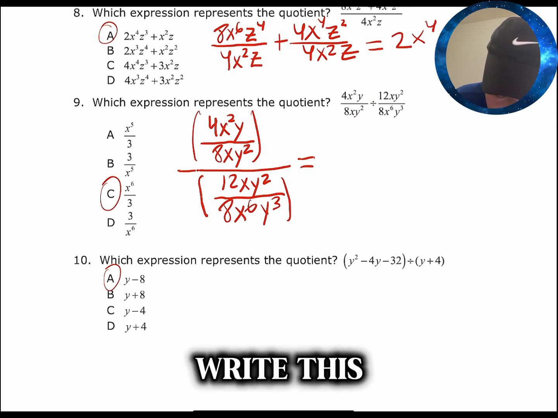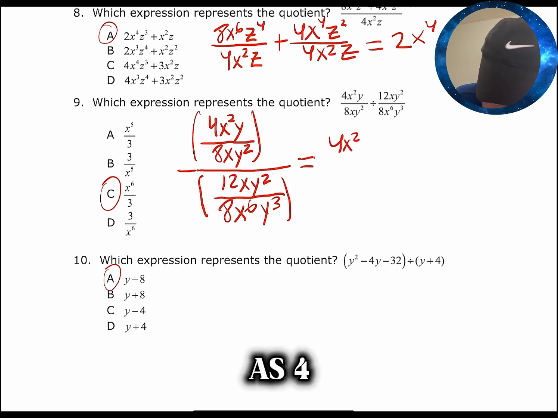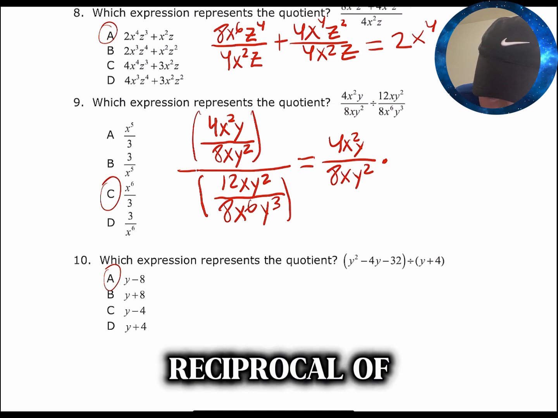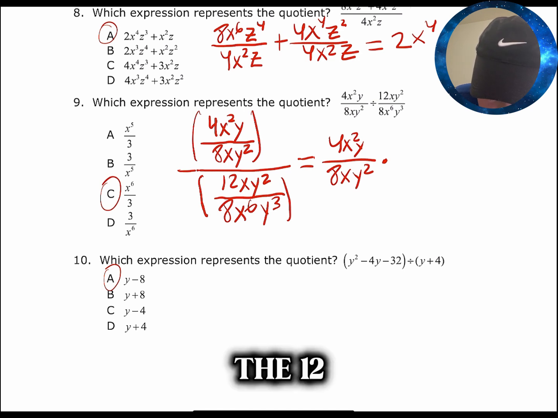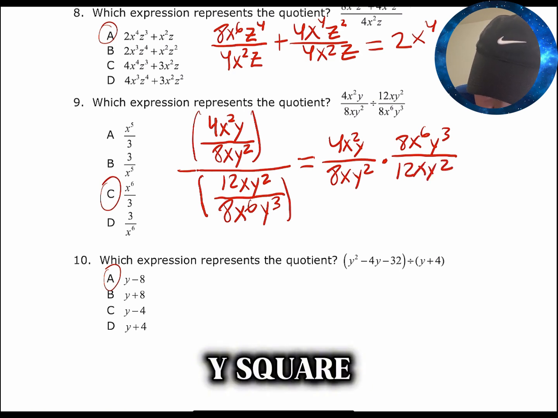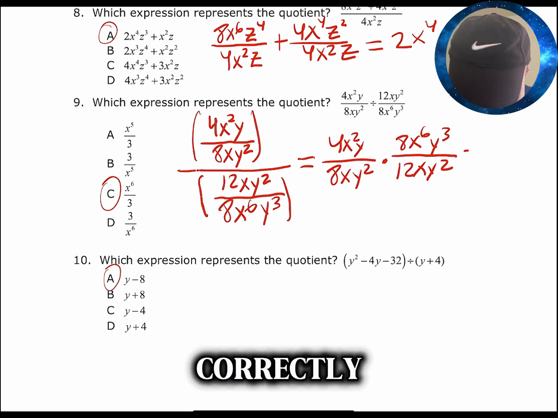And so I'm gonna write this as 4x squared times y divided by 8xy squared times the reciprocal of the second one, so it's going to be 8x to the power of 6 times y cubed divided by 12xy squared. Okay, hopefully I wrote this correctly.